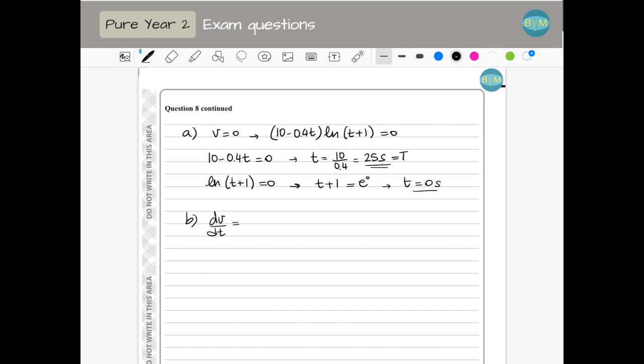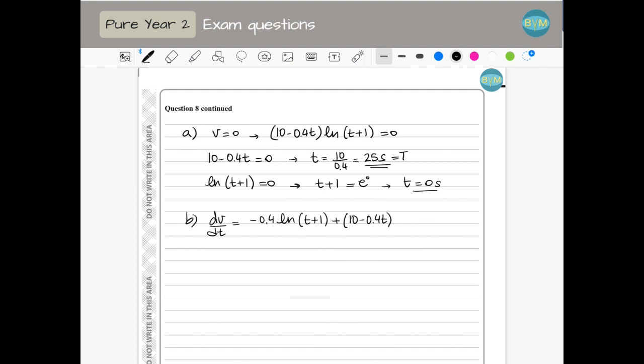The expression is here. I have two functions, so I can use the product rule. I multiply the derivative of the first one, which is minus 0.4, by the second one, plus the derivative of the second one by the whole first expression.